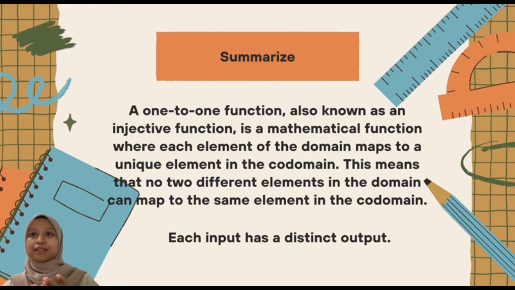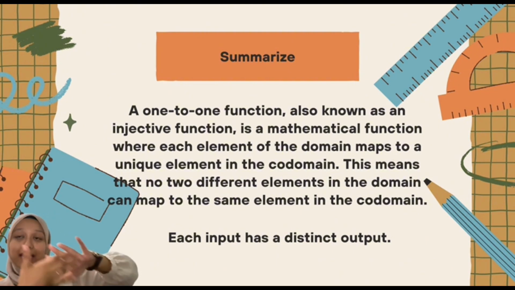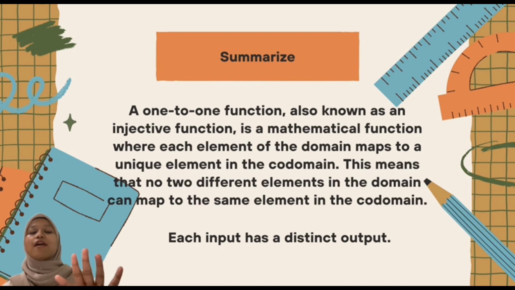This means that no two different elements in the domain can map to the same element in the codomain, such that each input has a distinct output. So a one-to-one function passes the horizontal line test, which means that a horizontal line intersects the graph of the function at most once.